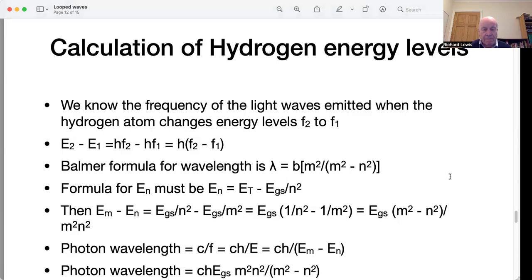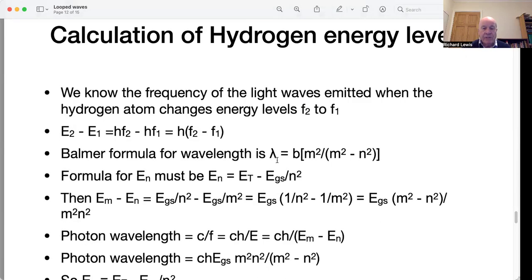So what this calculation is showing, that to produce that formula for the wavelength, the formula for the energy of the nth level must be of the form the total energy of the electron minus the ground state divided by n squared.